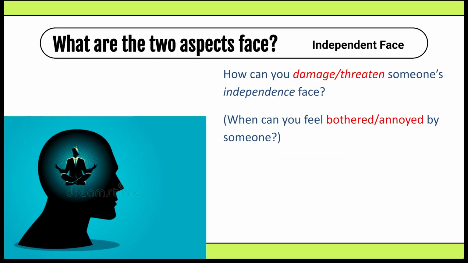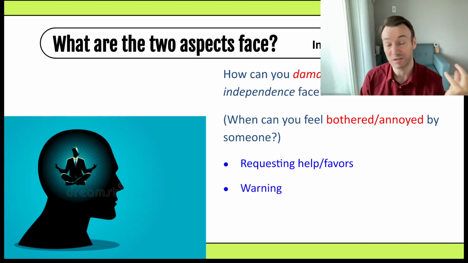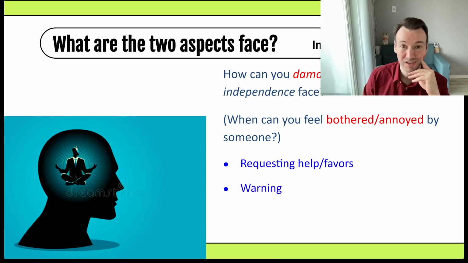So how can we damage or threaten someone's independence face? Well, when you feel bothered or annoyed by somebody, or you feel that somebody is imposing something on you. It could be someone requesting help or favors, someone warning you against something that you enjoy or value yourself.